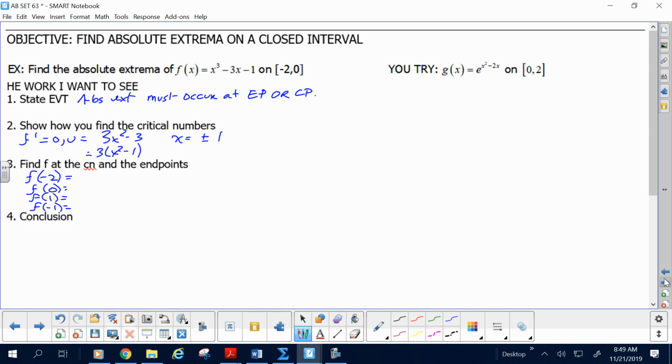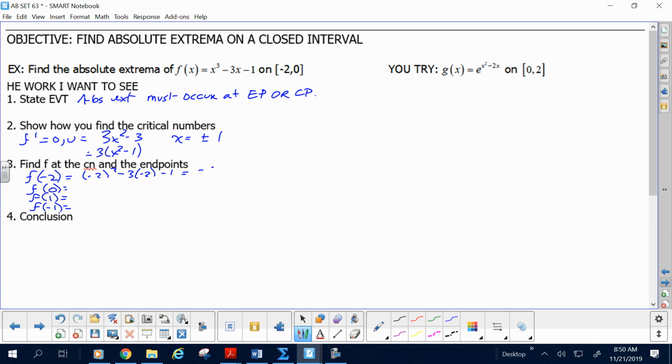So if you put -2 in, where do I put -2? Into the derivative of the function? The function. You're trying to find the greatest values of the function. So put them into f, not f prime. That's also a pretty common mistake. If you put them into f, then you get -2 cubed minus 3 times -2 minus 1.